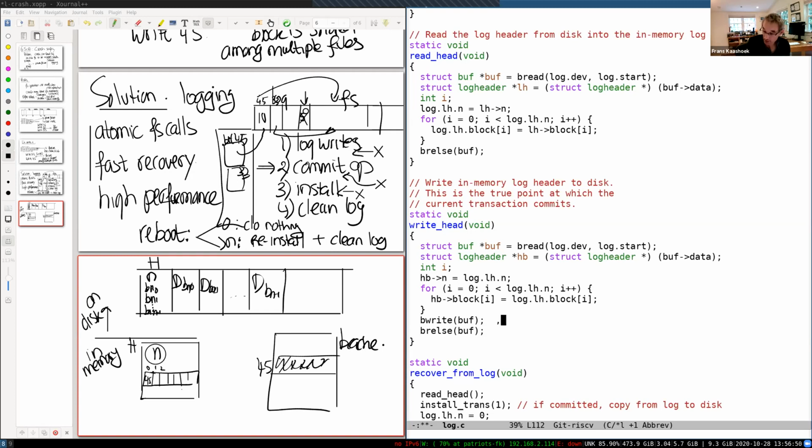So this one line, this one disk write, this one sector write is really the commit point. Before the commit point, the transaction didn't happen, and after the commit point, the transaction will definitely be finished, assuming recovery is correct.